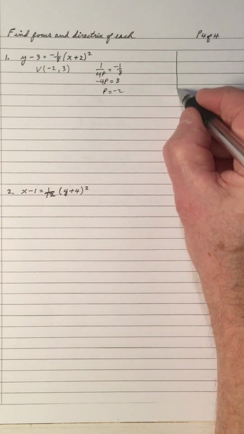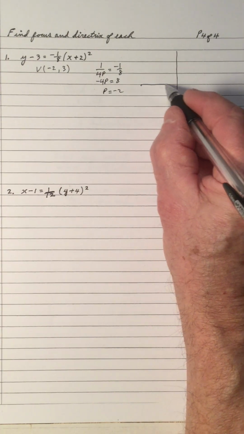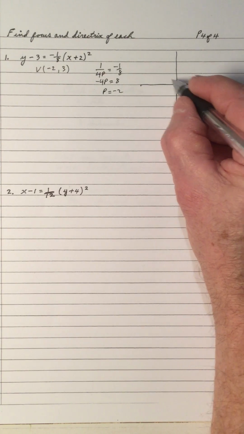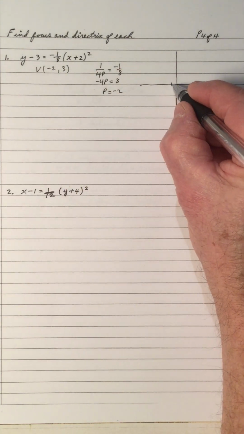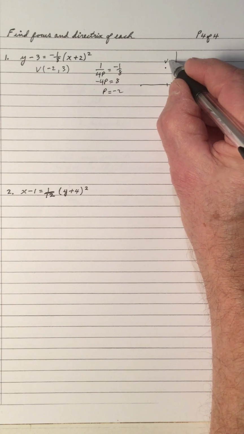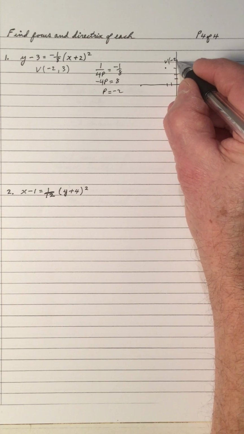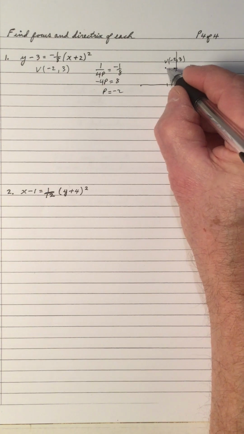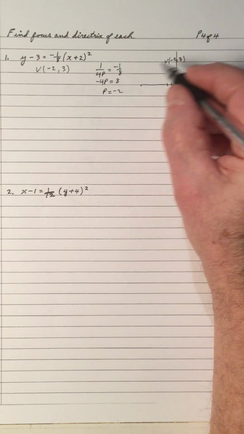And again, I like to draw a picture. The picture helps me. The vertex is -2, 3. So x is -2, y is 3. There's the vertex at -2, 3. And p is -2.